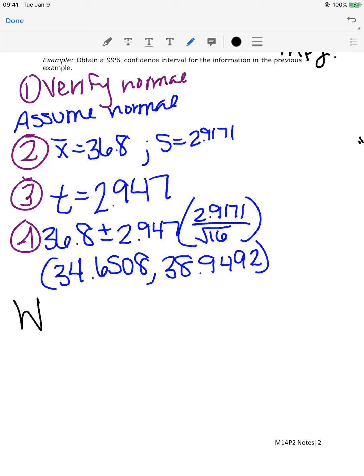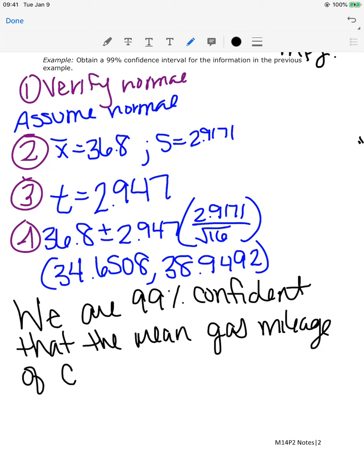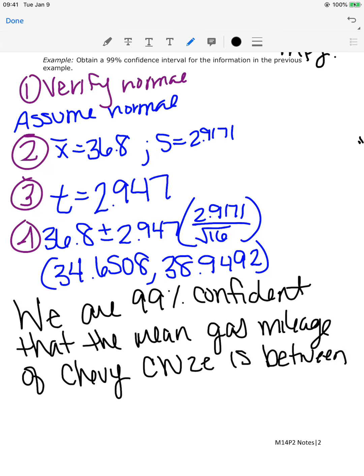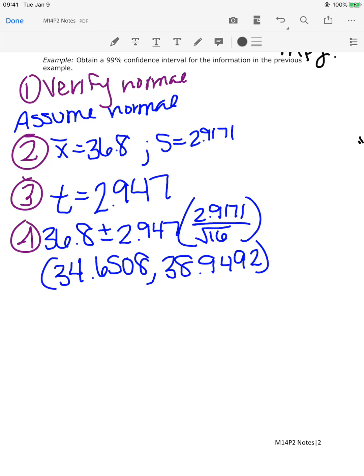Okay, so we are 99% confident that the mean gas mileage of Chevy Cruze, it's not how you spell Cruze, is between 34.6508 and 38.9492 miles per gallon.